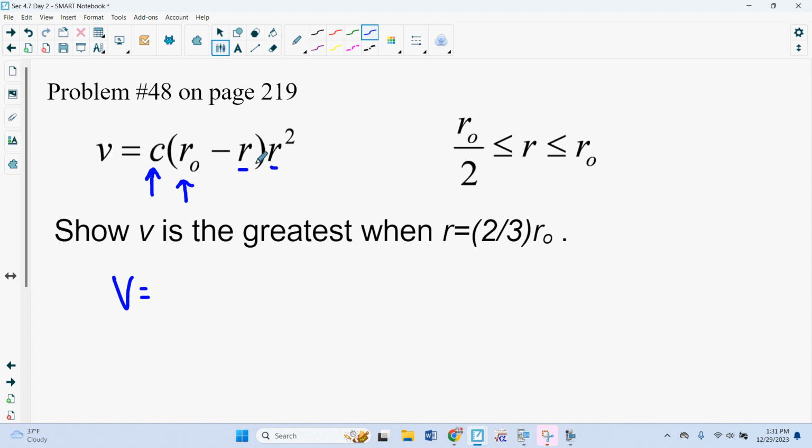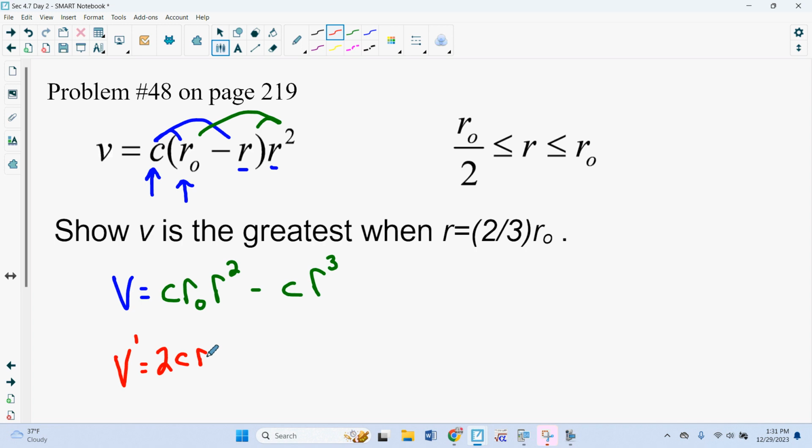Now, one of the things I can do here to make this a little easier is distribute this C and distribute this R squared to make this look like a parabola, or a polynomial. So this would be C R sub 0 R squared minus C R cubed. Now, as we take the derivative, bring down the 2, this would be 2 C R sub 0 R minus 3C R squared.